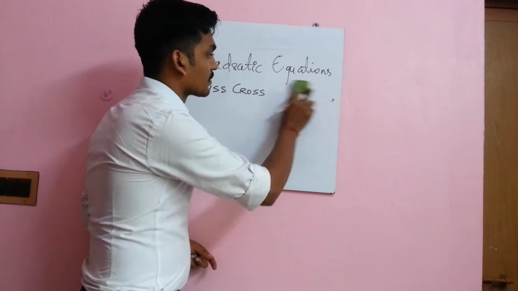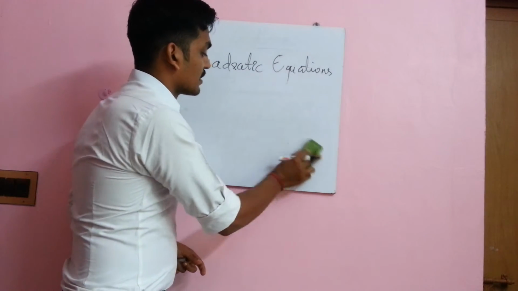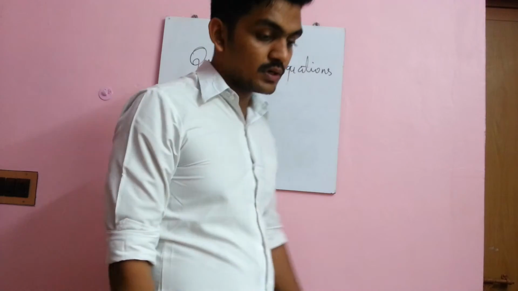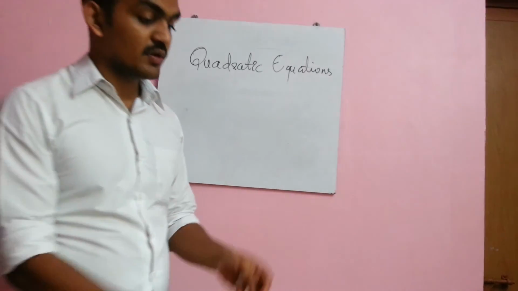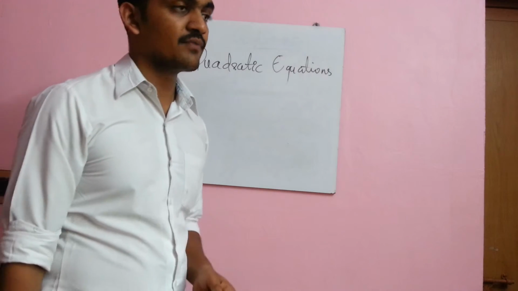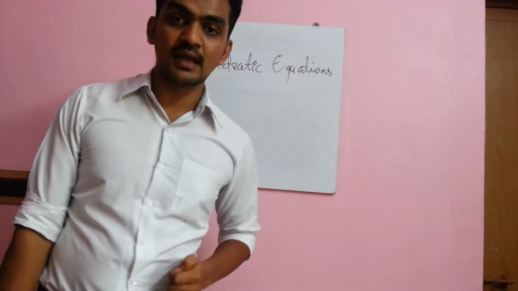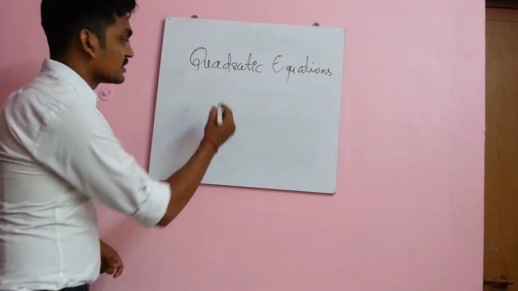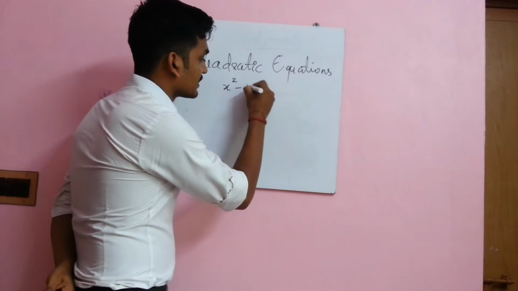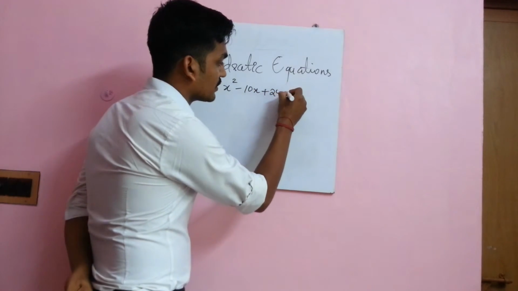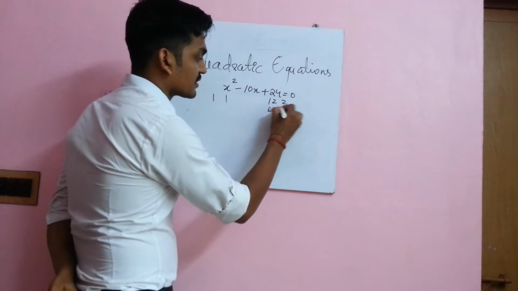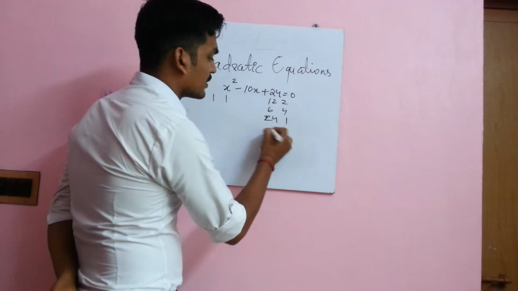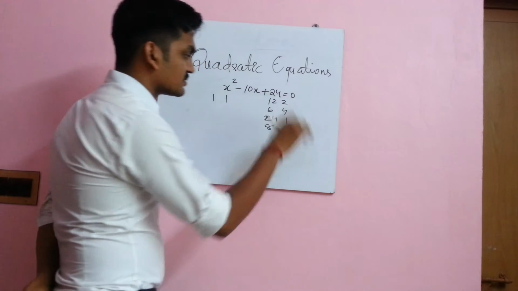Now let me tell you a stuck part in this case. That is, there will be a particular question where you will get two possible answers, like a question like x square minus 10x plus 24 equal to 0, right? So there is 1, 1, there is 12, 2, 6, 4, 24, 1, 8, 3, all those things are there.